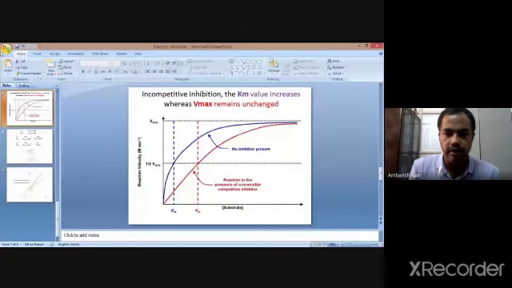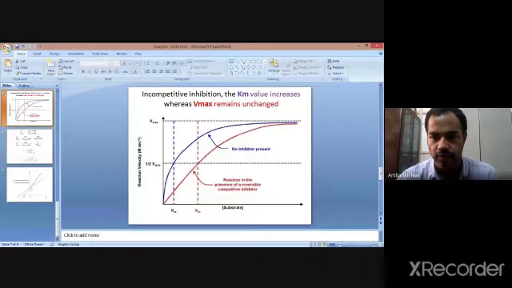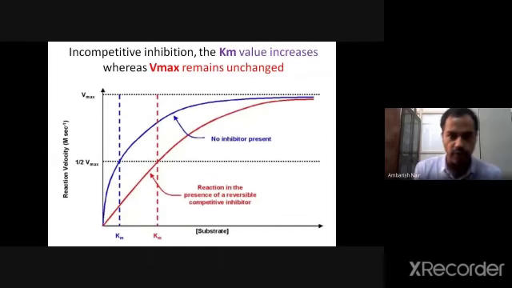Can anyone else unmute and tell me whom I'll ask Apurva. Yes, sir. Hello. Hello. Apurva, can you hear me? Yes, sir. Hello. Yeah. Can you unmute? Yeah, you are unmuted. No problem. Can you tell me, is there any significance of increasing Km value?